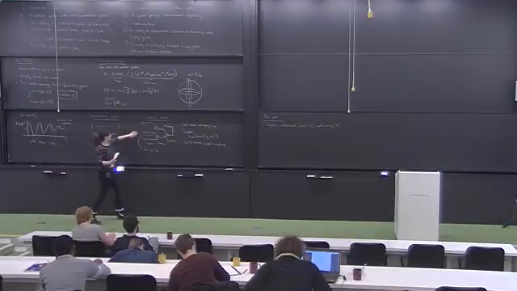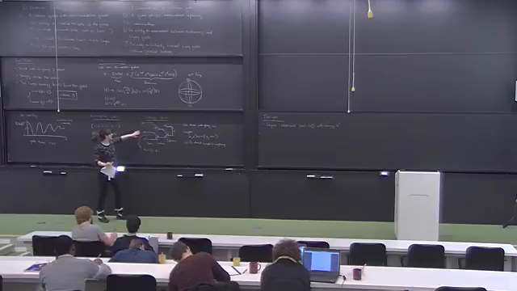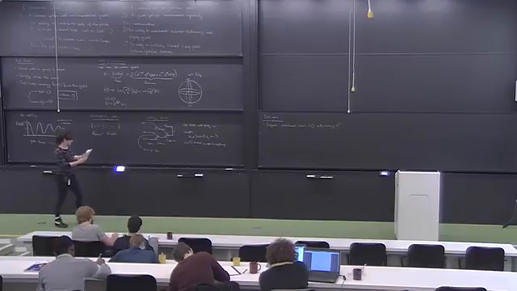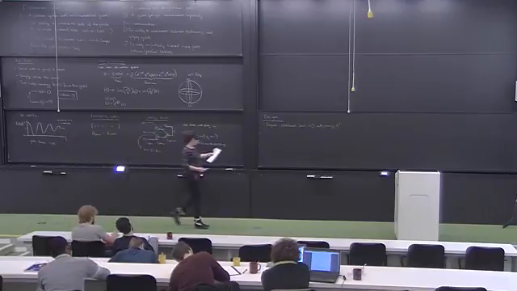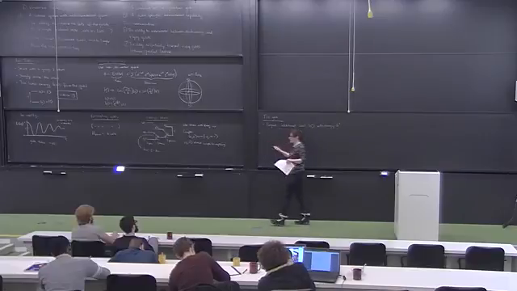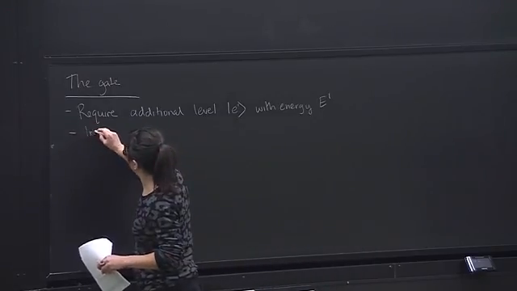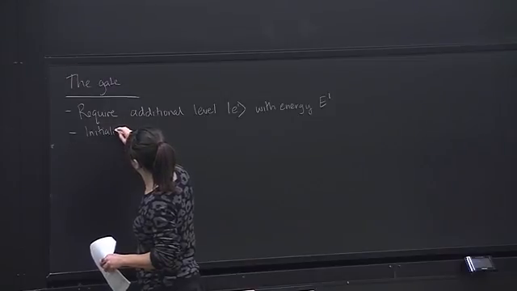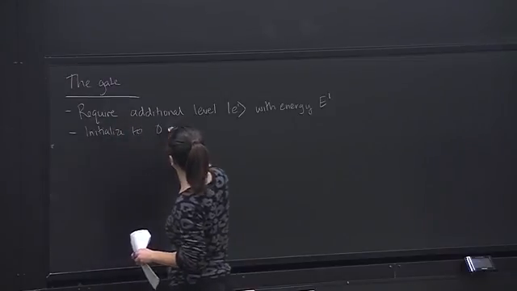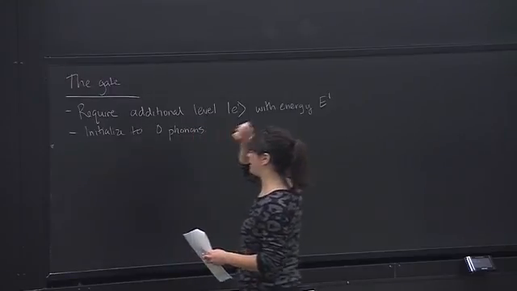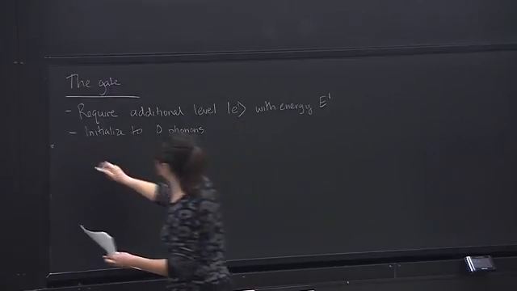For the first step, where we just look at the first atom, we're not really interested in that energy level, but then we need that for the second ion. Okay, so we initialize everything to 0 phonons. That's important.